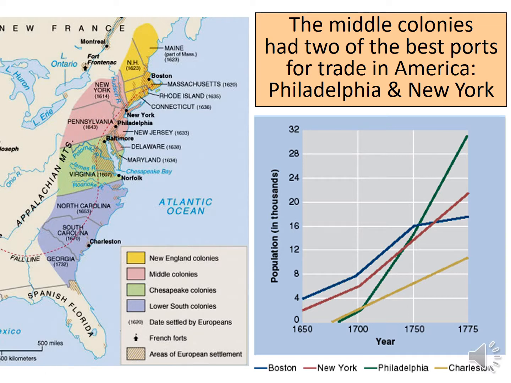So the middle colonies had two of the best ports for trade in America, and we talked about why people came to New York originally as the Dutch, and then the British took over. Well, no matter what, New York and Pennsylvania are going to be great places for trade.